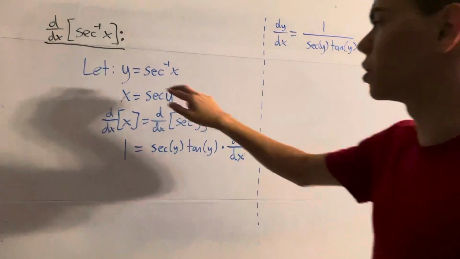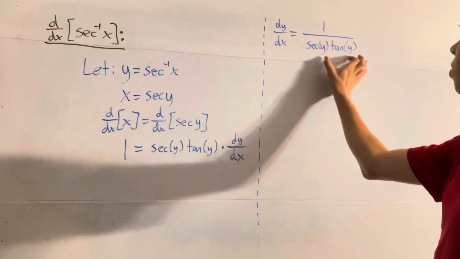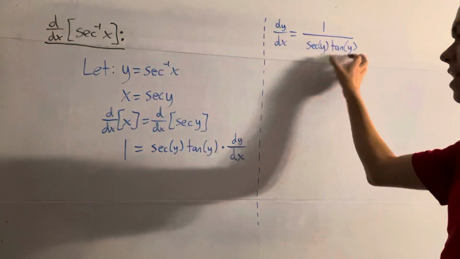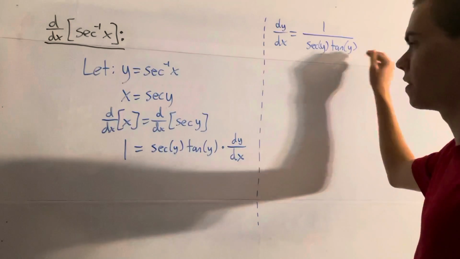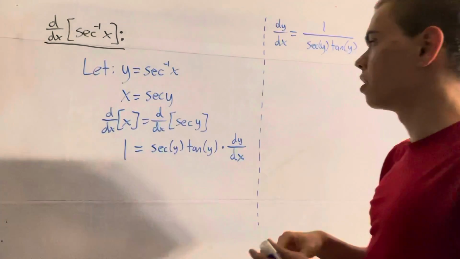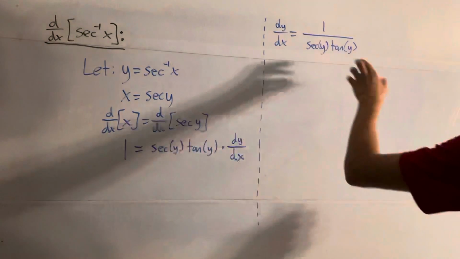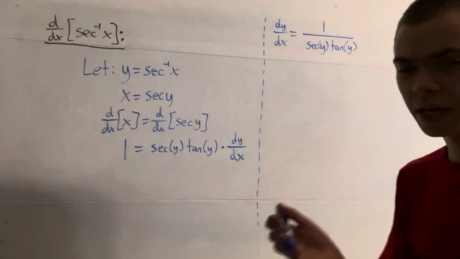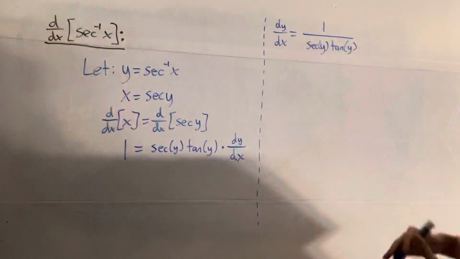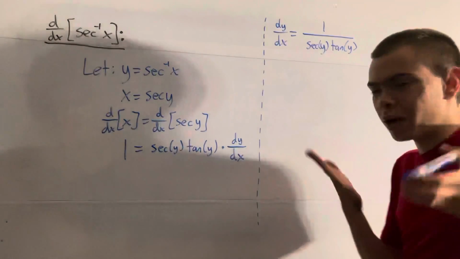Now, we could substitute what we had here into both of these y's, but that's going to make things complicated, like secant of secant inverse, tangent of secant inverse. So what we could do is treat y as an angle, because if we take the secant of something, it's usually the secant of an angle, and tangent of an angle. So we're going to treat y as the angle of a right triangle.